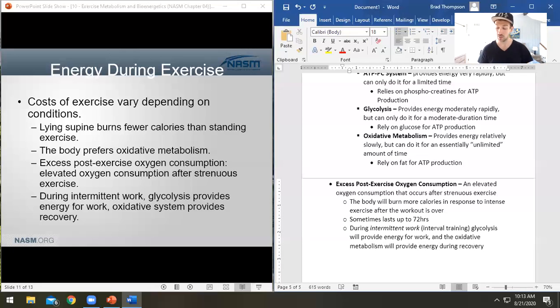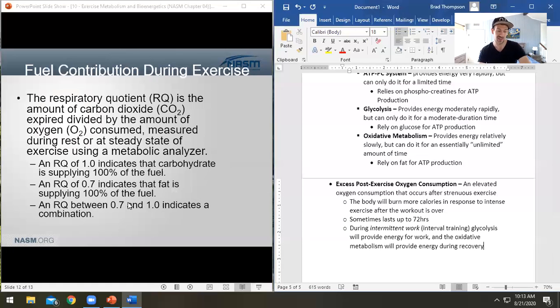So you'll work really hard, build a bunch of lactic acid, and then your body will recover that with your oxidative metabolism, which is primarily burning fat.